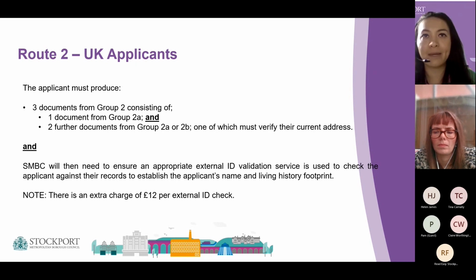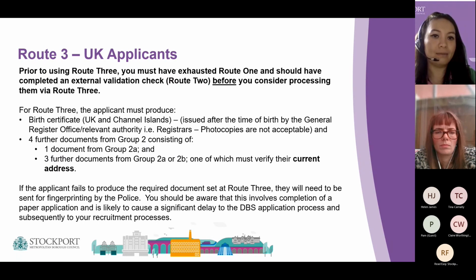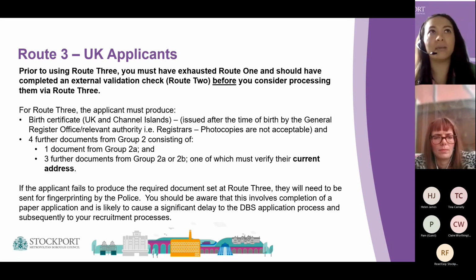Obviously if they can't and you're happy to pay that £12, then we'll do the route 2. But it's just to advise that it can sometimes come back as fail, and therefore they'd have to go down route 3.